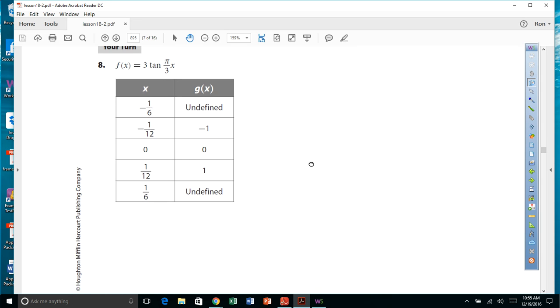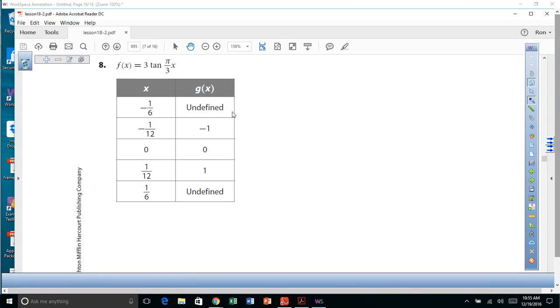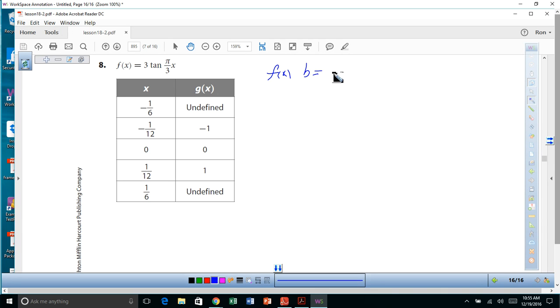F of x equals 3 tangent of pi over 3 x. Okay. So what do we know? For f of x, b equals pi over 3.